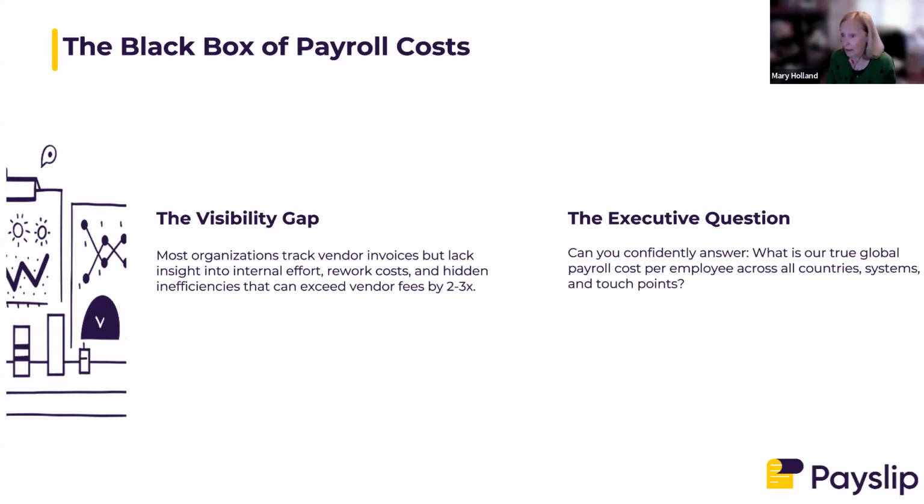And that's really what we're looking at: what is that financial cost? Because organizations are recognizing there is a cost to doing it correctly. And our role as leaders in global payroll is to manage that cost so that we're meeting the needs of our organization. So the executives are asking, what is that cost, right?